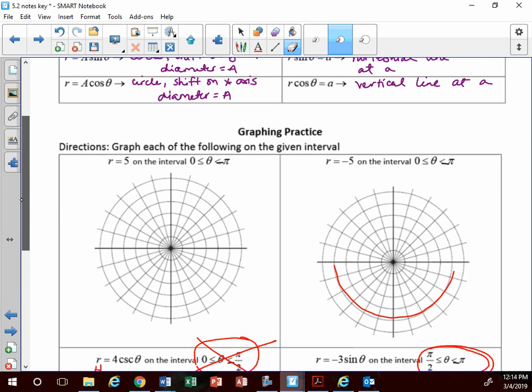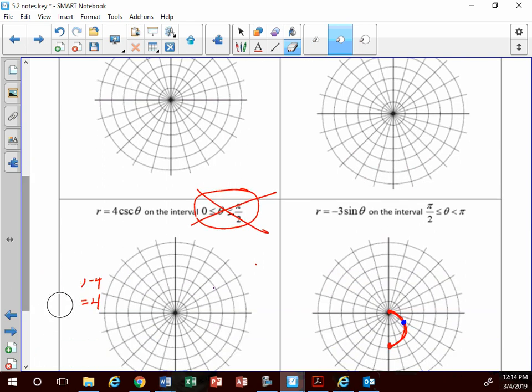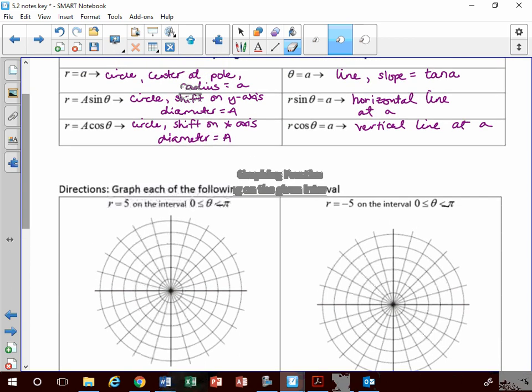Let me erase some stuff down here, guys, and then I'll go back up. So guys, read through what I have up here. On the left side are your circles, and on the right side are the 3 ways we looked at lines.